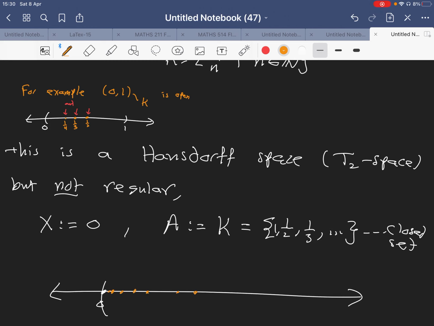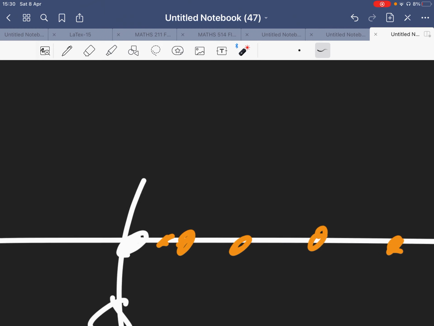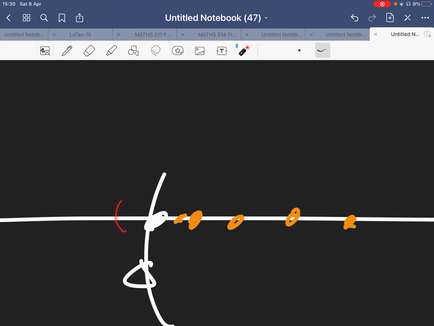Whenever we try to separate them, I need to zoom in and zoom in and put an interval on the 0. But once I do this, something from K will appear, definitely. I will not be able to continue. If I try to separate them, something from K must come in this side. So it cannot really be separated.